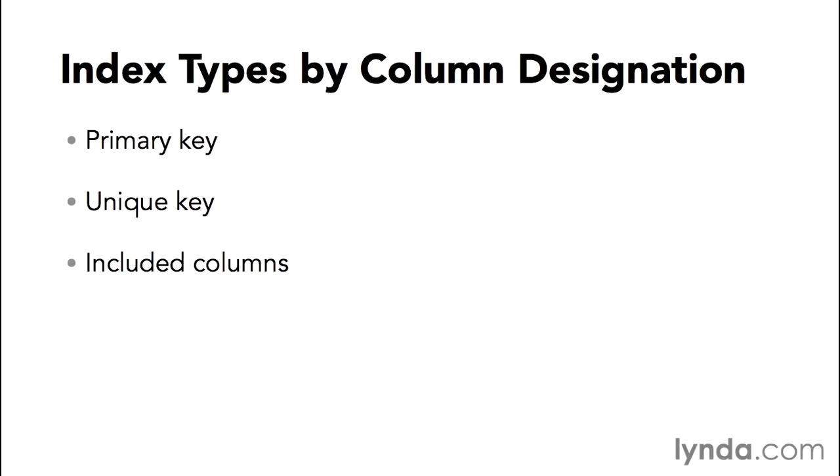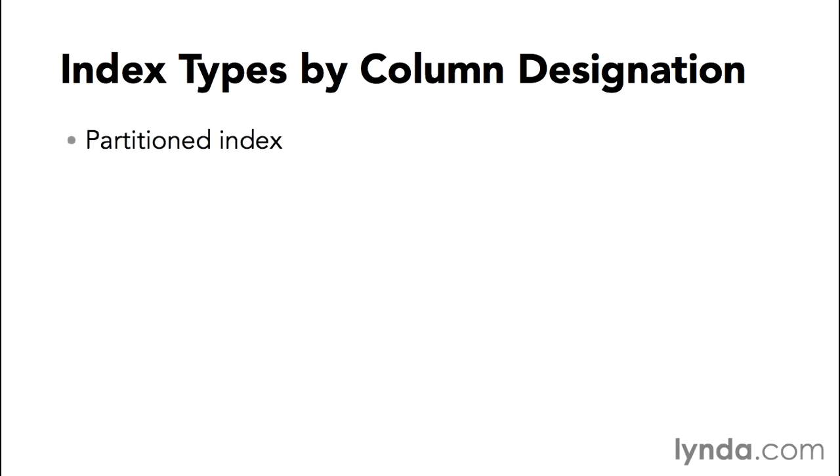We take those same columns and put them into an included column index, and that's also referred to as a covering index because that index has the columns that they search on. So if we have a table with 50 columns in it and there are 4 of them they search on, then we can create a covering index and it will speed up those particular queries.